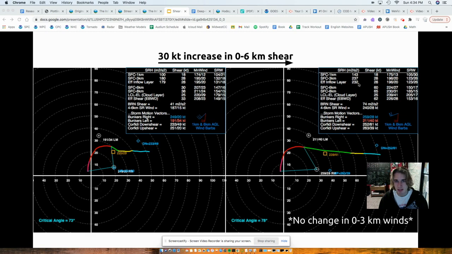Pretty crazy. But this isn't to say that a supercell couldn't form in the hodograph 1 environment, because deep layer shear isn't a make or break. There's still plenty of streamwise vorticity in the hodograph 1 environment. And as I mentioned earlier when I was talking about Midwest storms on the whiteboard, if this is a really moist environment, at least in the low levels, and you get an updraft that goes up, this updraft, at least in a shallower stage, could just immediately ingest streamwise vorticity and begin rotating immediately.